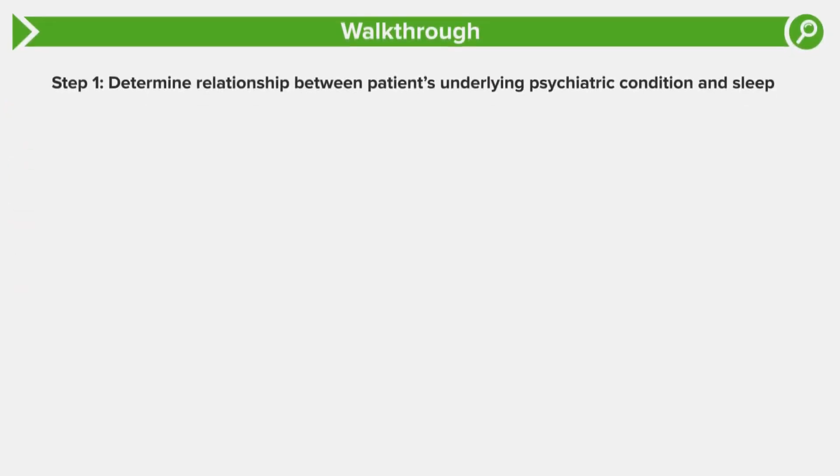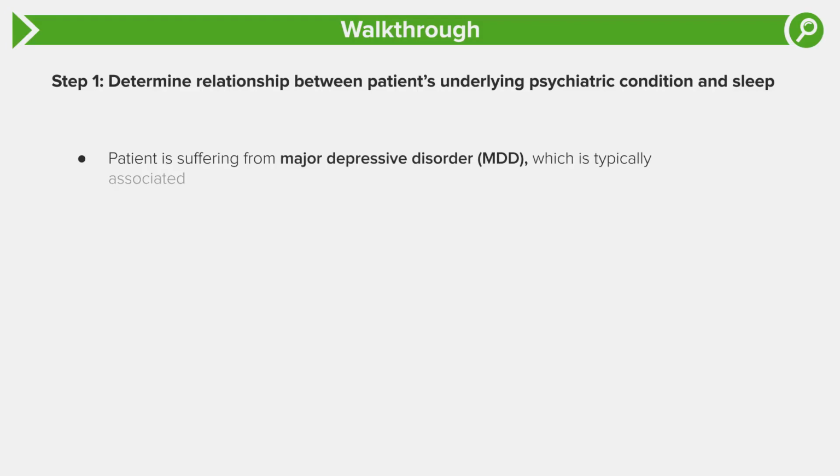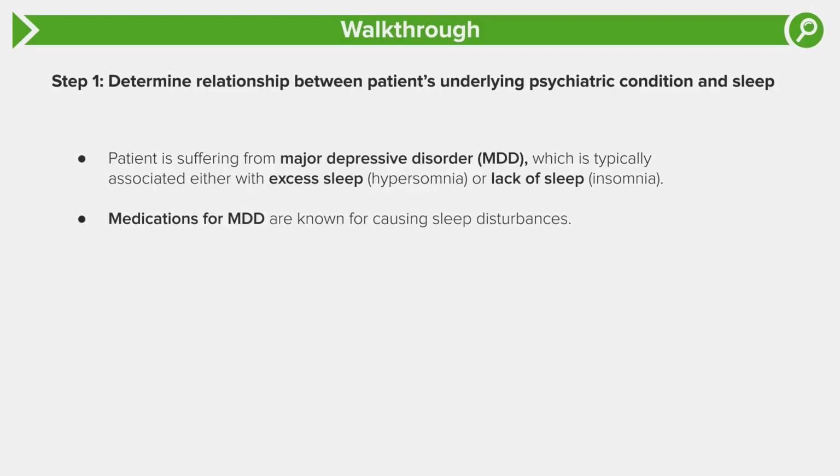Now, step 1. What we need to do is determine the relationship between the patient's underlying psychiatric condition and sleep. This patient has major depressive disorder, which is typically associated with either excess sleep, called hypersomnia, or lack of sleep, called insomnia. It's interesting that medications for major depressive disorder are actually known to cause sleep disturbances.